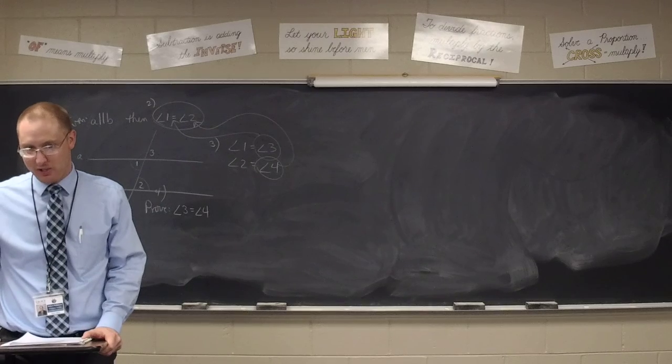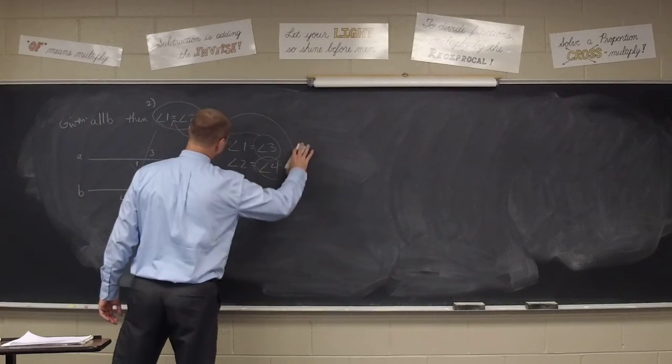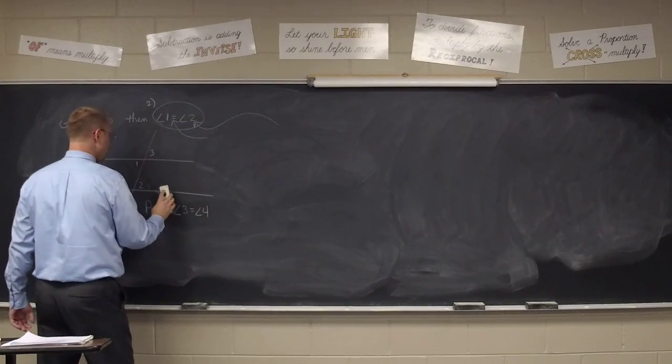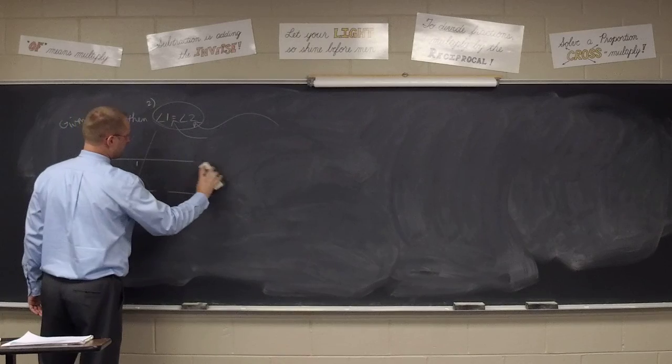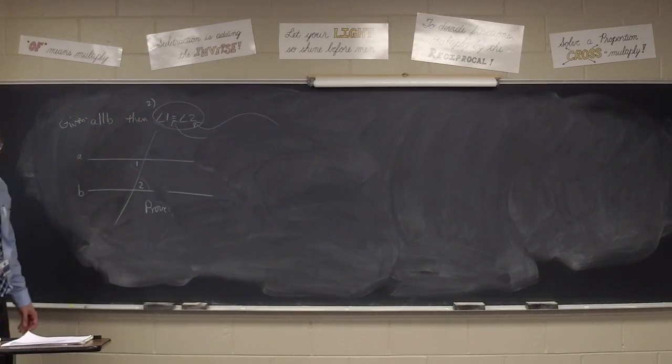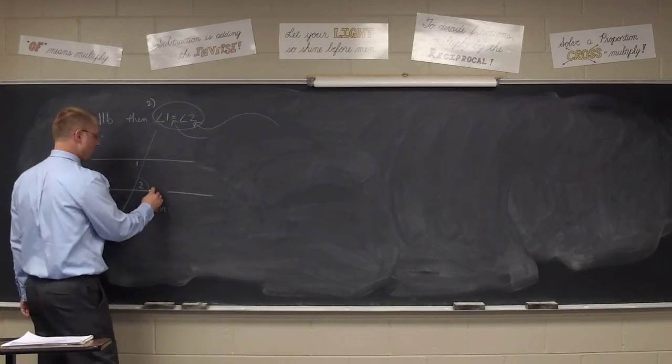If two parallel lines are cut by a transversal, then the sum of the two interior angles on the same side of the transversal equals a straight angle.